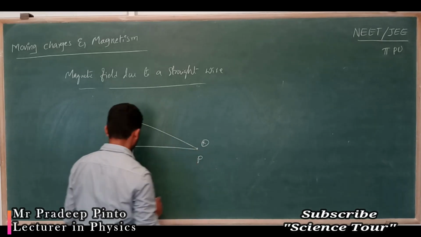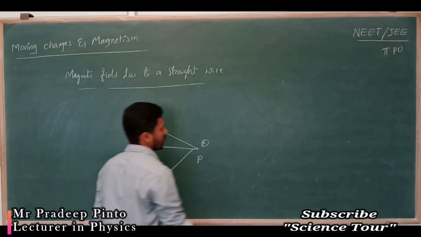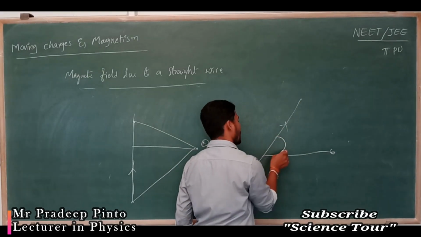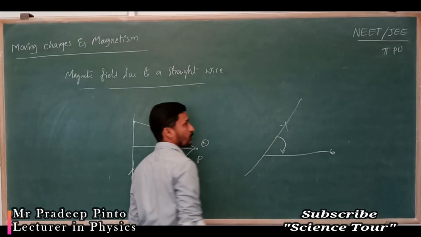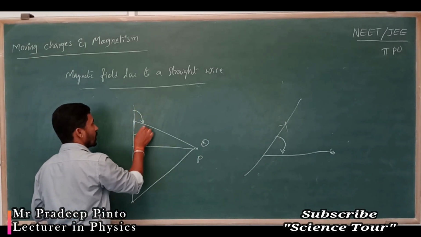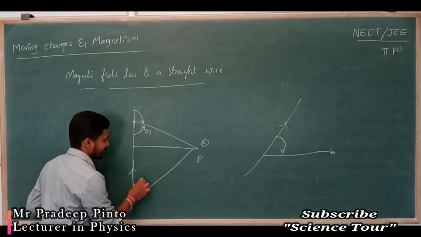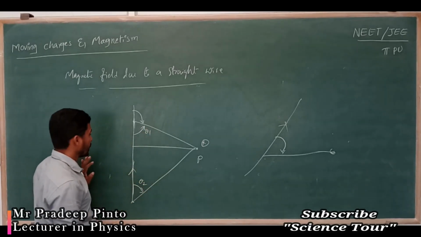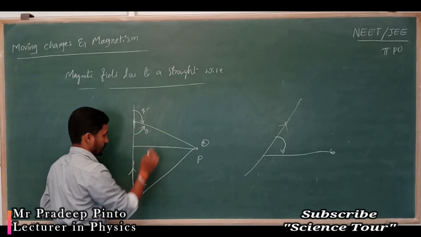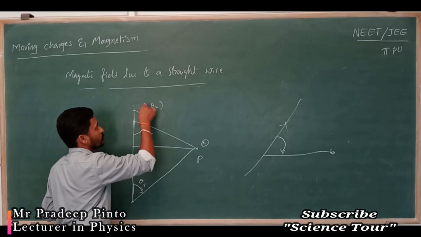What we are going to do is write down the total values here. Always remember, when the wire is like this, if you take the position vector, the angle must be measured in this way. So here I take theta 1, here I take theta 2, so this becomes pi minus theta 1 and pi minus theta 2.